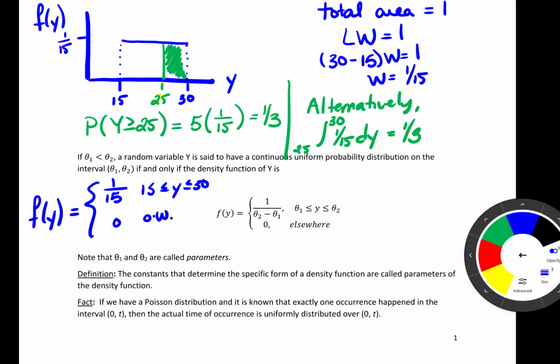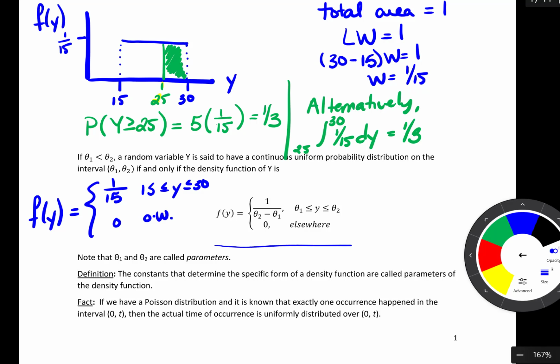More generally, we could write the uniform probability distribution as follows. If theta 1 is less than theta 2, and these are two different parameters, in our previous example theta 1 was equal to 15 and theta 2 was equal to 30, a random variable y is said to have a continuous uniform probability distribution on that interval if and only if we have this density.